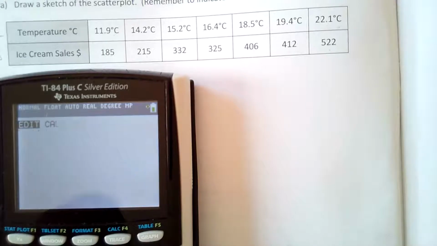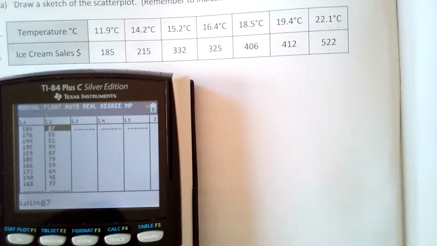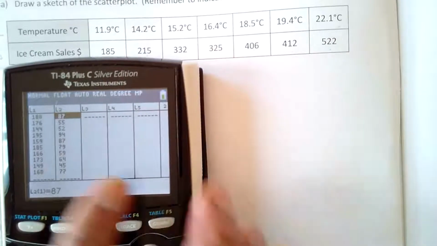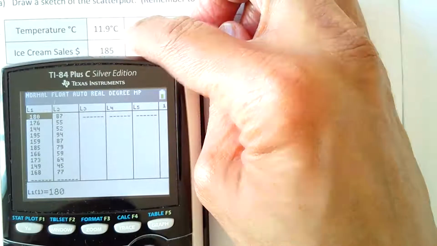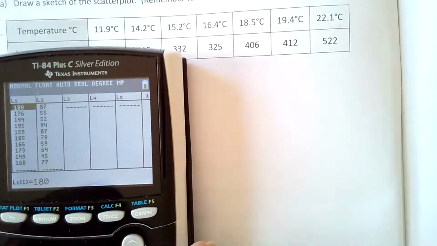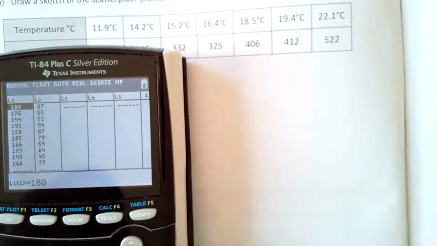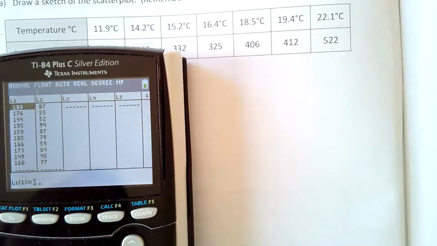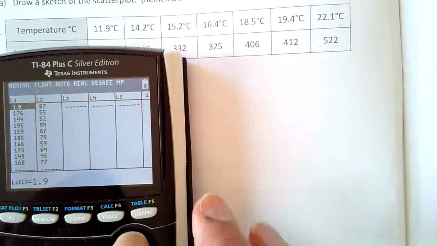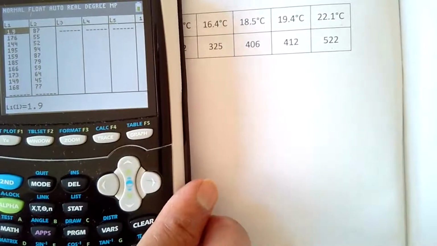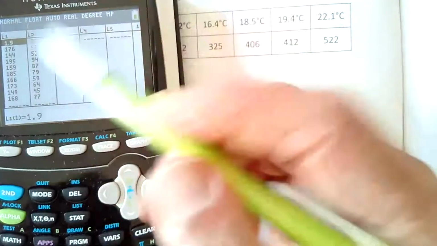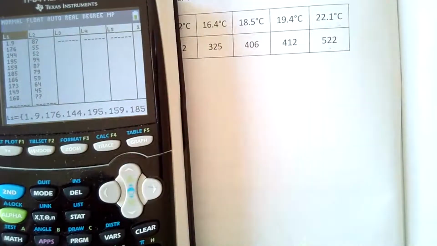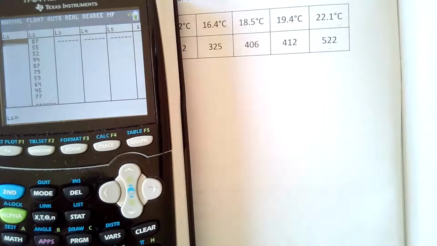Now I go to my stat button again, enter. Now there's an easy way of clearing all the data. The easiest way to clear your data is to go up to L1, then press clear and enter.